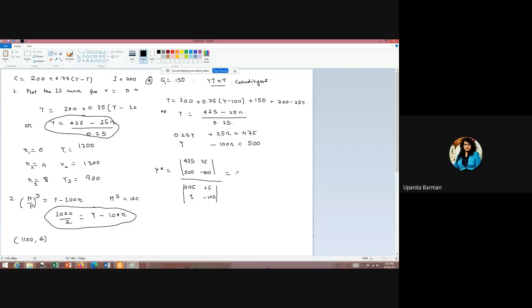So 1200. And R star is 7%. So we can see that Y has gone up by 100. Interest rate has gone up by 1%.